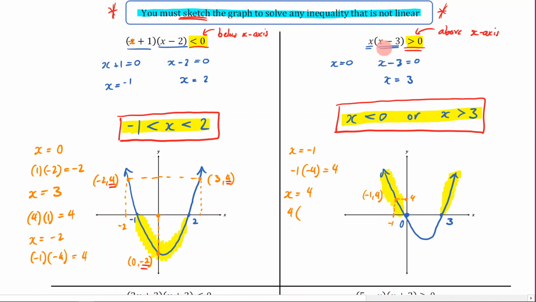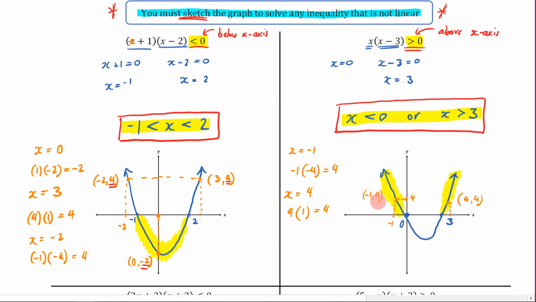Then 4 minus 3 is 1. That's going to give me a 4 out. So when I put in 4, which is greater than 3, I get a positive value out again.